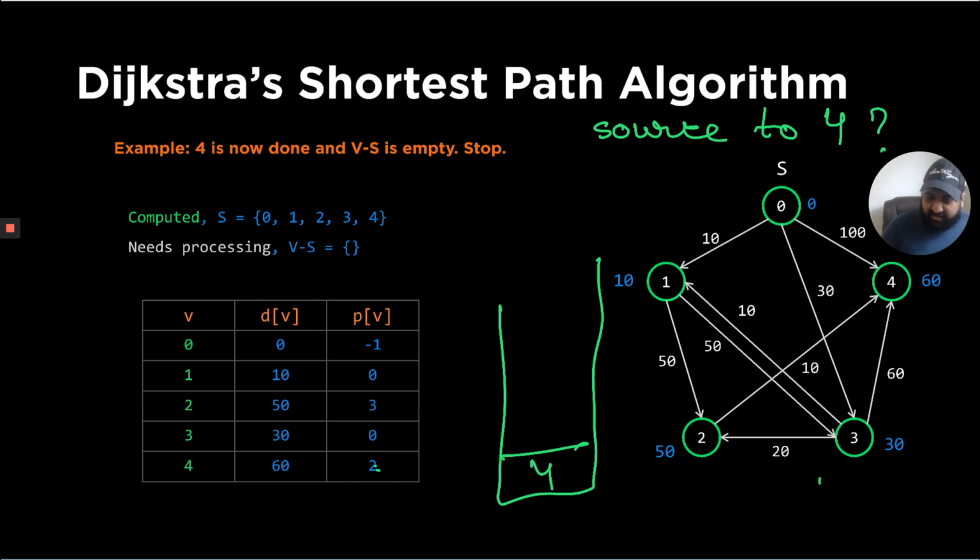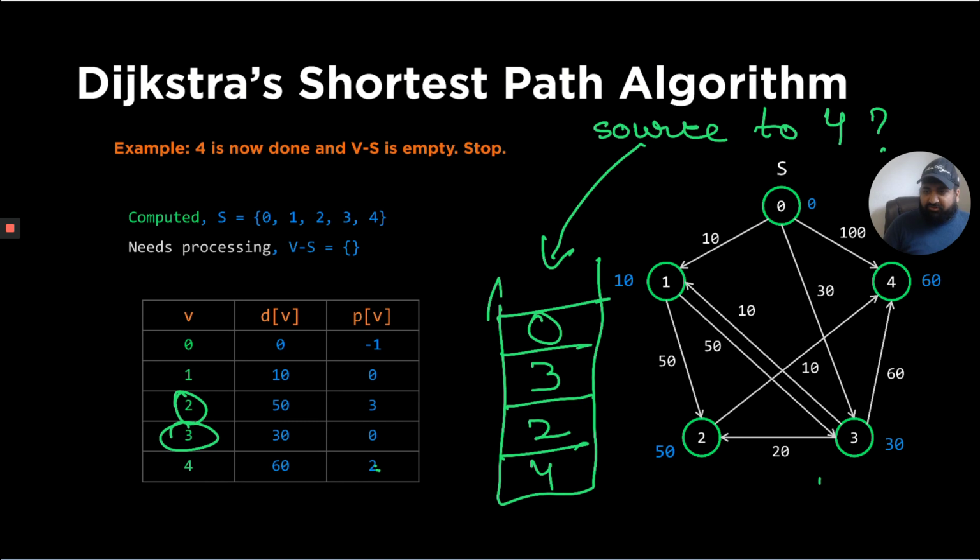You look at the predecessor of the top of the stack, which is 4's predecessor. You push that, which is now 2. Next, you see what is on the top of the stack, see the predecessor of 2, and push that. Again, you see what's on the top of the stack and its predecessor, which is 0. You repeat this till the top of the stack matches the source.